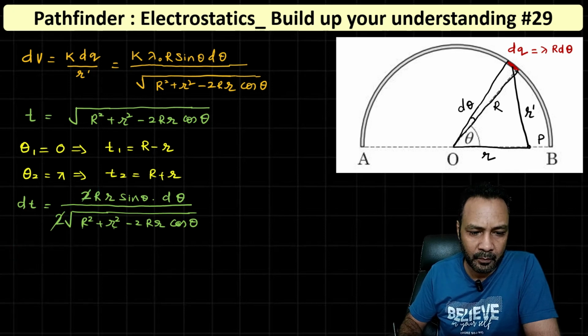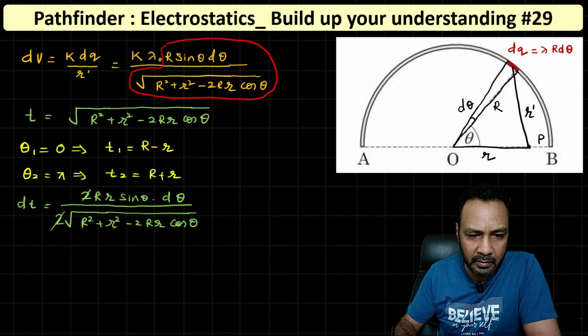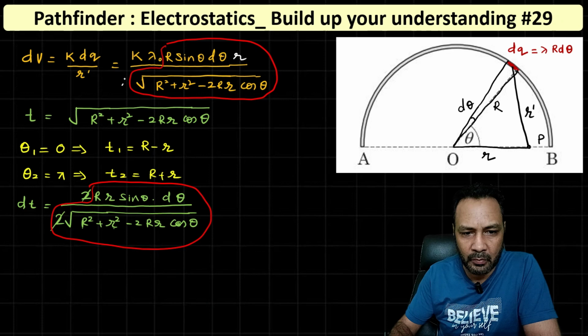So in place of this thing here, and that is here, and here that is a small r, so what you can do, you just multiply by small r, and one small r here, so that whole thing can be substituted with dt.